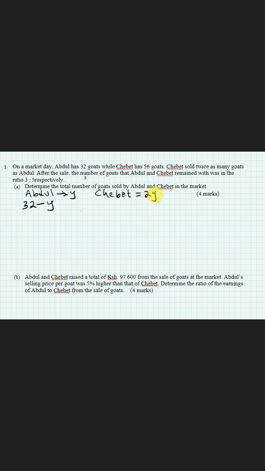So if Chebet sold 2Y goats, it means the remainder will be 56 minus 2Y. So let us now get the ratio. The ratio will be given by 32 minus Y divided by 56 minus 2Y, and this should be equal to the ratio that we are given, which in our case is 3:5.